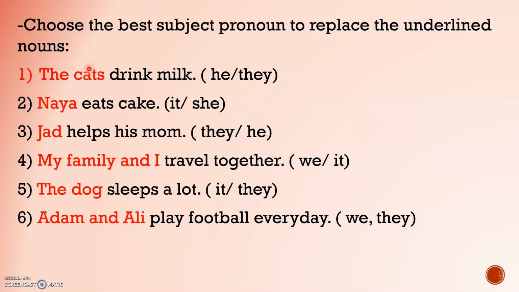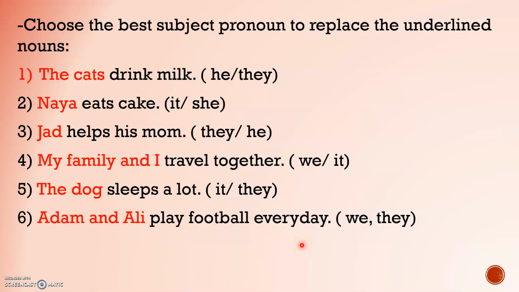Okay, so pay attention. If I am talking about only one animal or one thing, we use the subject pronoun, which is it. But when it comes to be plural, more than one, we need to use the subject pronoun, which is they.